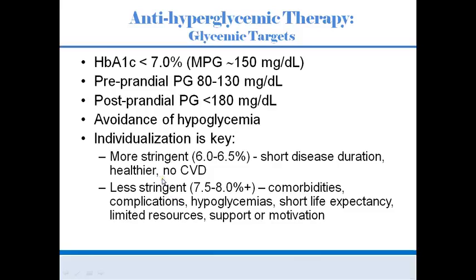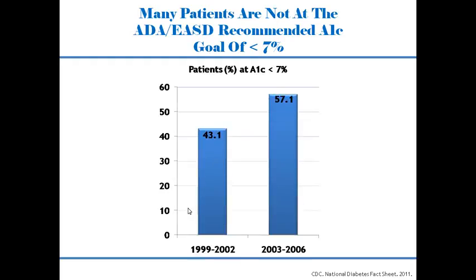You can go for less stringent control, 7.5 to 8, if the patient has several comorbidities, if there is hypoglycemia, if he is an old age patient, if less motivated, doesn't have support, or has limited resources. So this is what I see: even if we keep the HbA1c target less than 7%, many patients are not at this recommended goal of HbA1c.